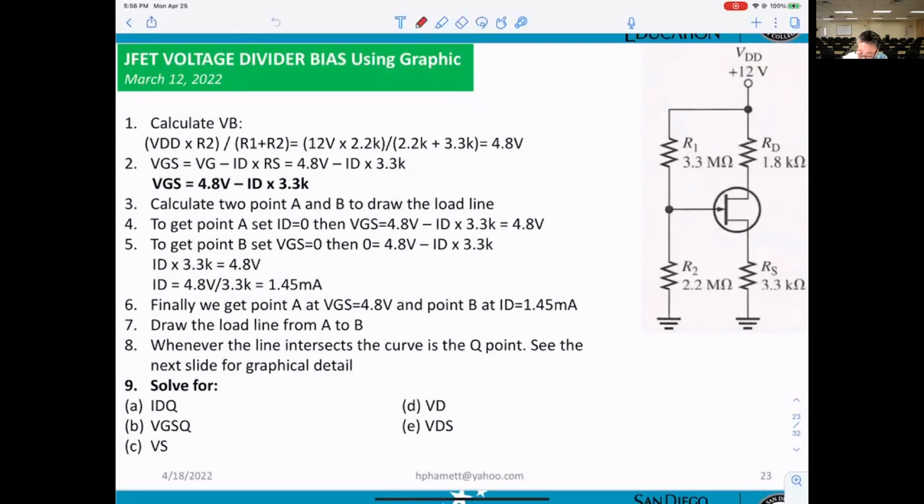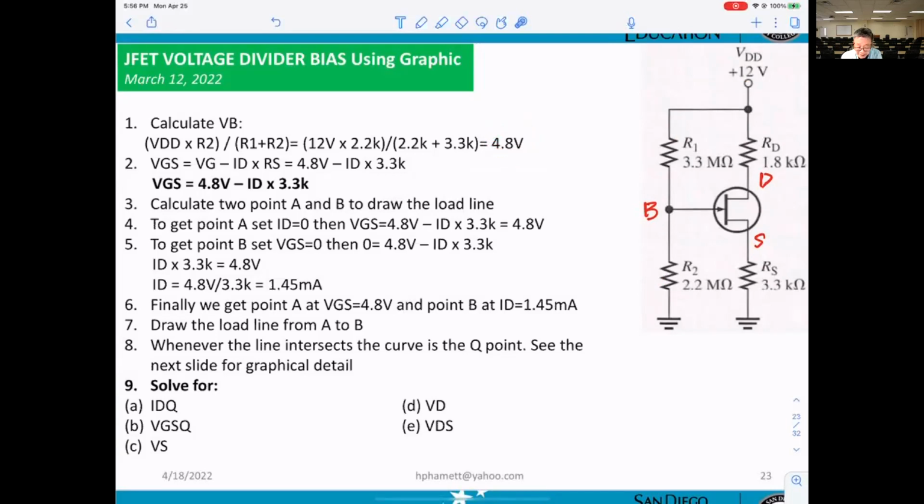You understand the VG right here: gate, source, and drain. VG is calculated by the voltage divider. You take 12 volt times R2 divided by R1 plus R2. That's what we already calculated right here, 4.8 volt.